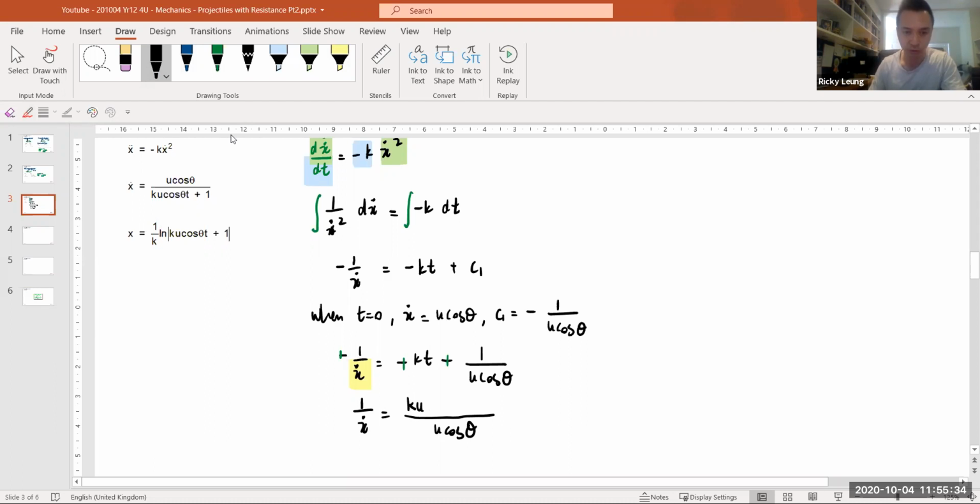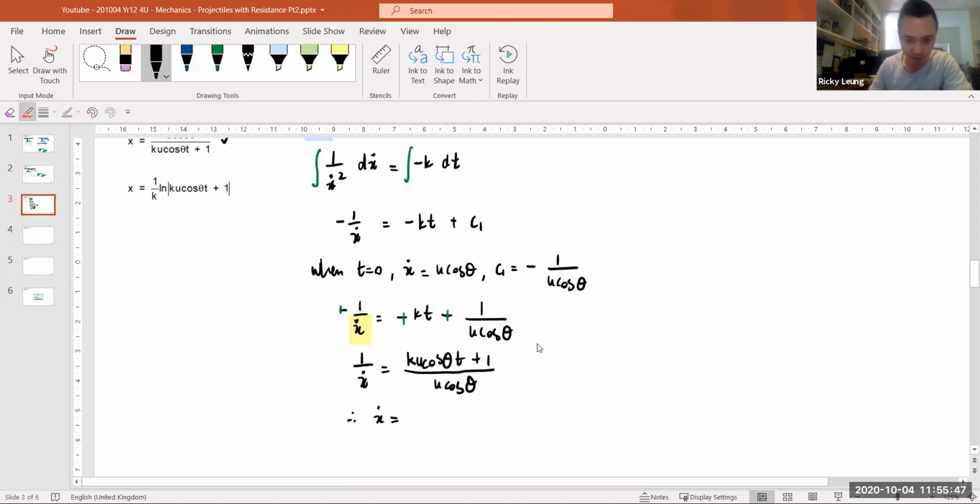So I'll just put cos theta over here, t plus 1. Reciprocal, you can see that's exactly what that expression is. So done. Just scroll down slightly. u cos theta with a k in front, t plus 1, all over u cos theta. Beauty. All right.